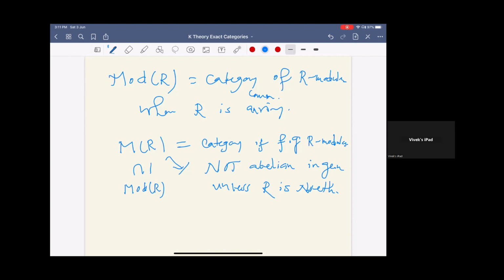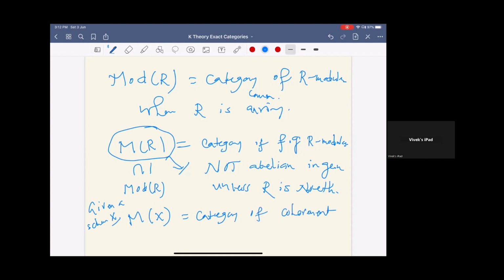All right. But we'll see later on that this category is very interesting: the category of finitely generated R-modules, or the category of coherent O_X-modules for a scheme X. Similarly, given a scheme X, M_X is the category of coherent O_X-modules.